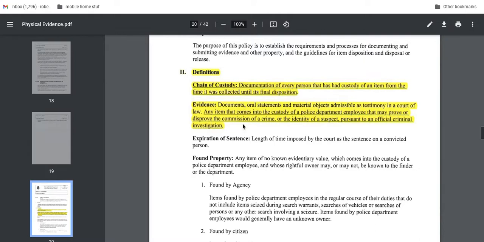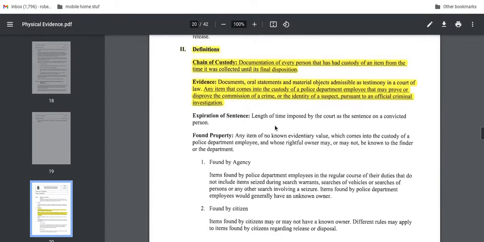Here's what evidence is. Okay, all documents, oral statements, material objects admissible as testimony in a court of law. Any item that comes into the custody of the police department employee that may prove or disprove the commission of a crime or identity of a suspect pursuant to an official criminal investigation.